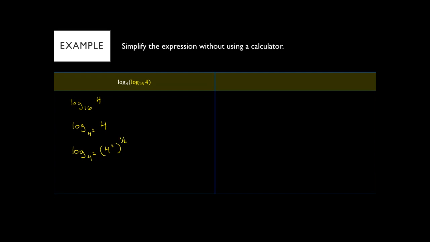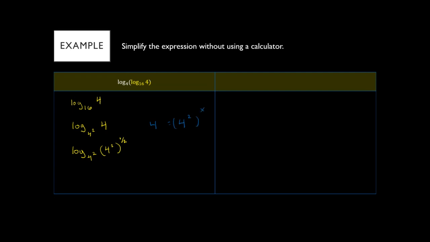This may not be a method that necessarily works for you, but what I'm doing is, I've got my main 4 that I'm taking the log of, and I'm trying to get the bases to match, so that I can use my property of logarithms and they can cancel out. So I'm doing this little side thing where I'm saying, okay, how do I get 4 to be equivalent to 4 squared to some exponent?